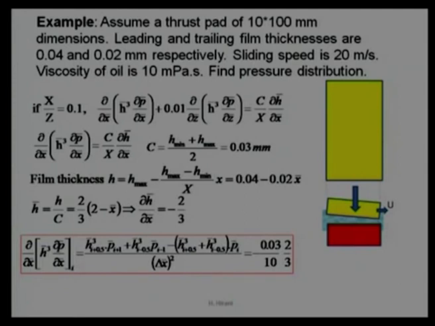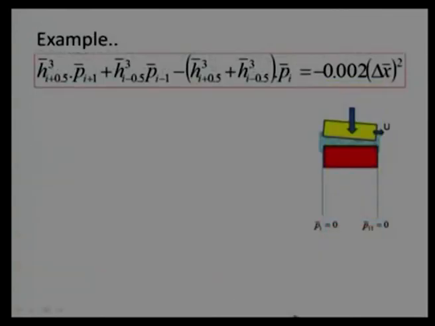When we substitute those values, I can figure out what h bar 1 will be. In this case, h bar 1 will be 0, and h bar 2 will be based on the 0.1 value of x. So, we can calculate that, and the expression can be written something like this. We can rearrange it.